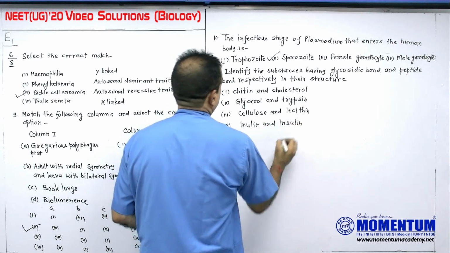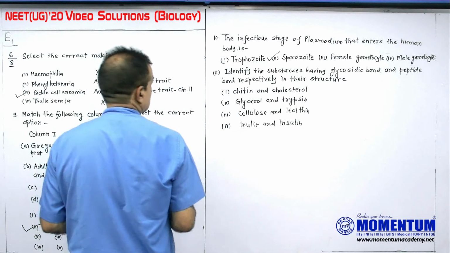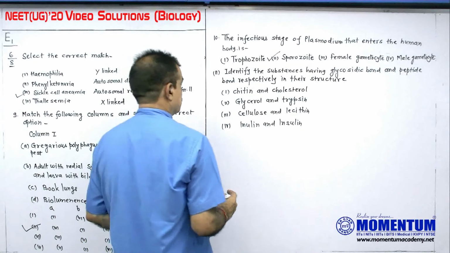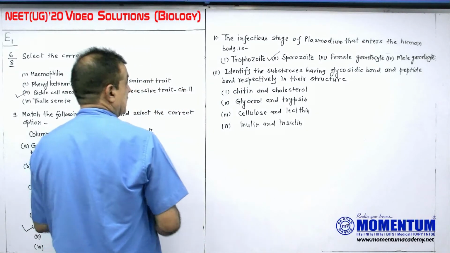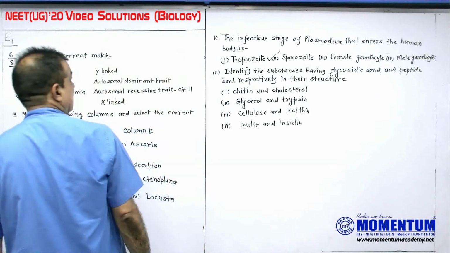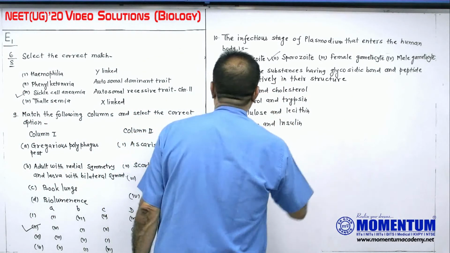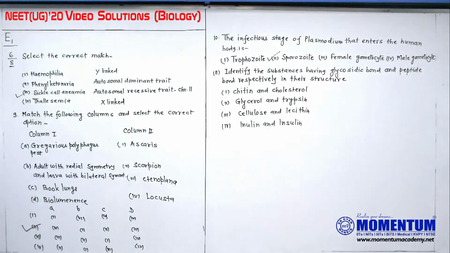You know, glycosidic bonds are present in carbohydrates, and peptide bonds are present in proteins.